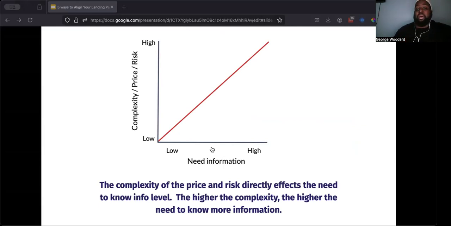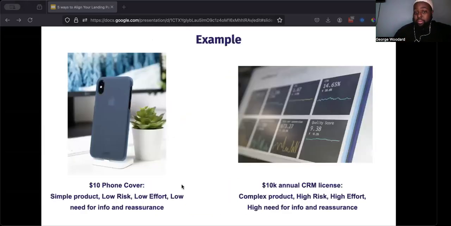And the greatest example I come up with on that is this right here. On the left hand side, you got your standard Apple iPhone case. You see them in the kiosk, the grocery store, gas station, wherever. That's a very low complexity product, very low risk, very low price point. $10, phone cover. It's a simple product, low effort, low need to know info, and there's a low level of reassurance because nine times out of ten, this particular low complex product doesn't need any, the customer doesn't need any reassurance.